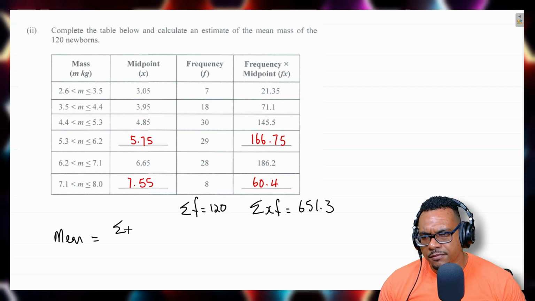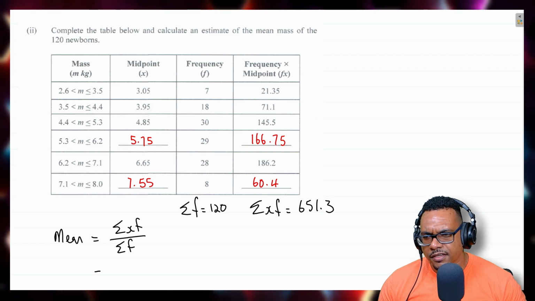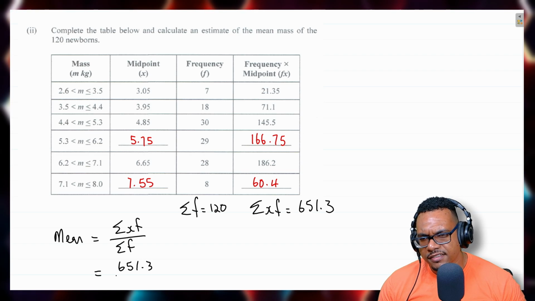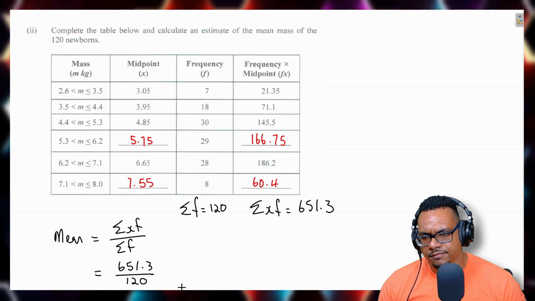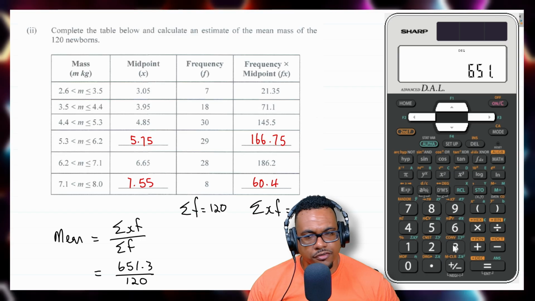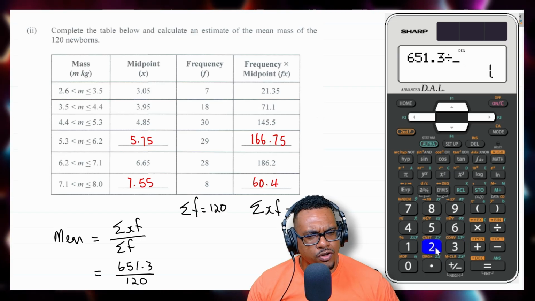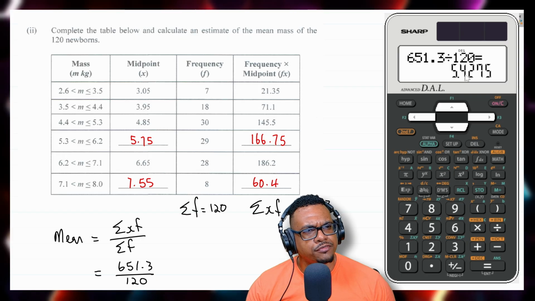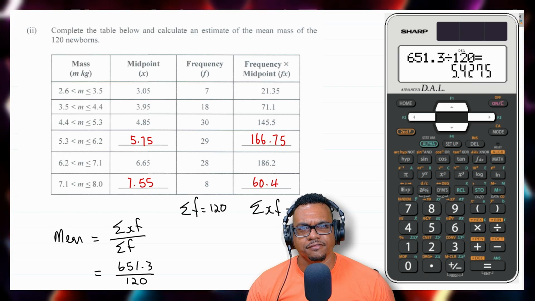So now the mean is equal to sigma xf divided by sigma f, which is 651.3 divided by 120. So we're going to type in on the calculator 651.3 divided by 120. Press equal, and we get 5.4275.